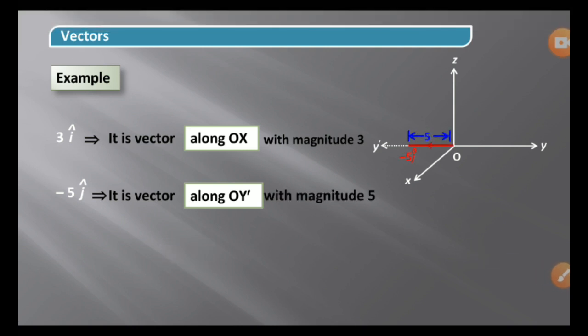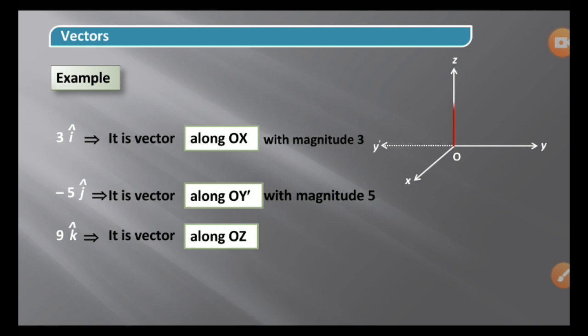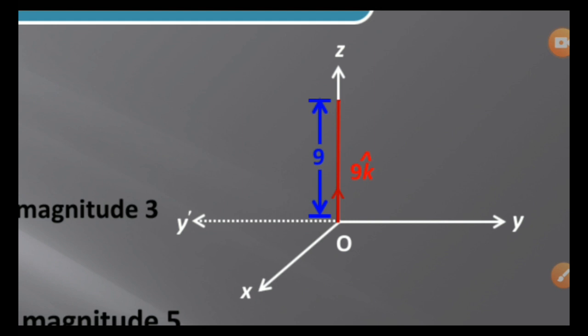So we have to take this vector along the negative direction of the y axis with magnitude 5. Another example, 9k, is also a positive vector, therefore we have to take this vector along OZ with magnitude 9.